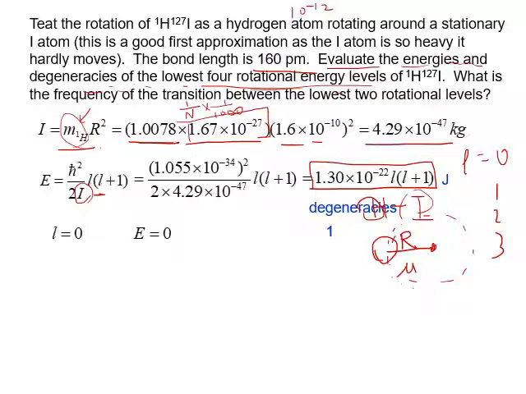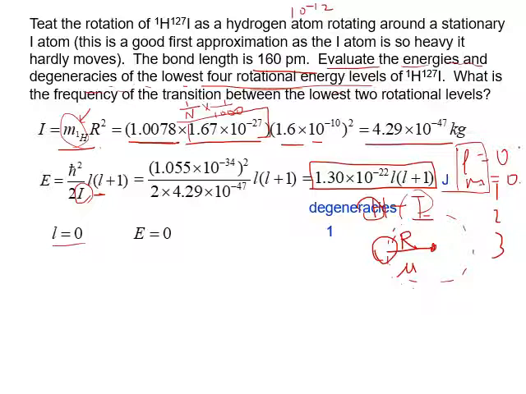Well, when L equals 0, m can only be 0. Again, that comes from previous slides, the relation between L and m. So m can only have one value, and so the combination of L and m can only have one possibility, that is L equals 0, m equals 0.